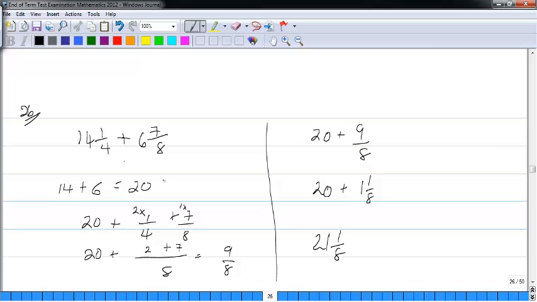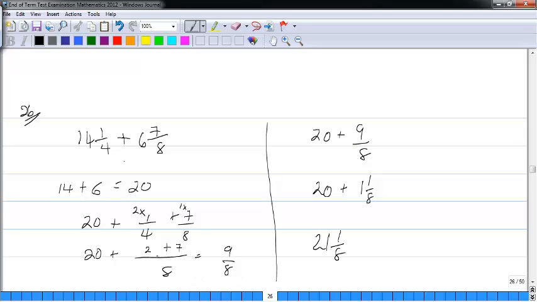Okay, so again, 14 and 1/4 plus 6 7/8. I'm going to add my whole numbers. I get 20. So my answer should be 20 plus whatever I get when I add the fractional part of the problem, which is 1/4 and 7/8. I find the LCM, or the lowest common denominator, for 4 and 8, which is 8.